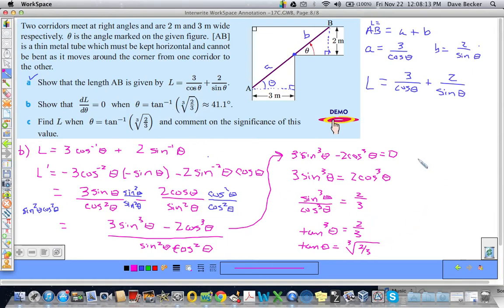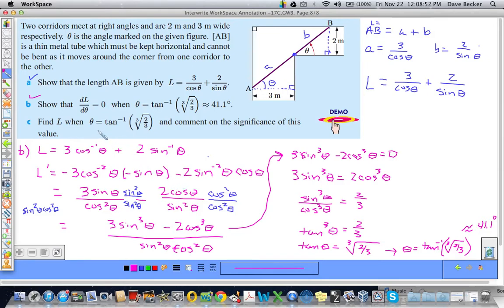So on my calculator, which I'm not going to show you right now, I would say theta is equal to the inverse tan of the cube root of 2/3, and I will tell you that that is approximately equal to 41.1 degrees. Okay, so we have done part B, right? So that means that the derivative is equal to 0 when theta is equal to 41.1 degrees.